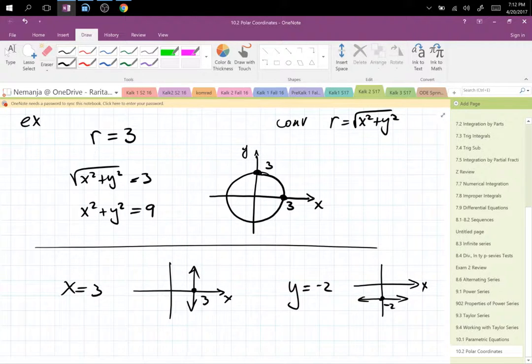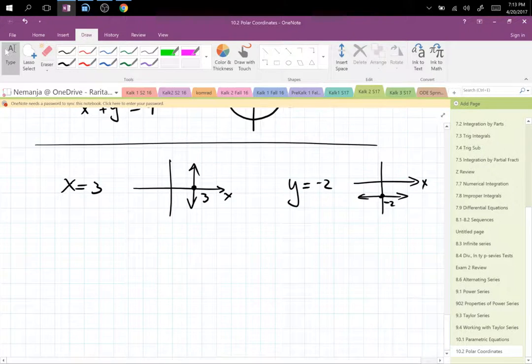It will always be tracing the same circle for all eternity, because r equals 3 is enough for us to show what that circle is. You can make it bigger by saying r equals 4, or smaller, r equals a half. But the trick is that you don't need to say theta, because r is 3 for all thetas you can think of. Just like for those lines down there, x equals 3 for all y's, so we don't write any y's anywhere.